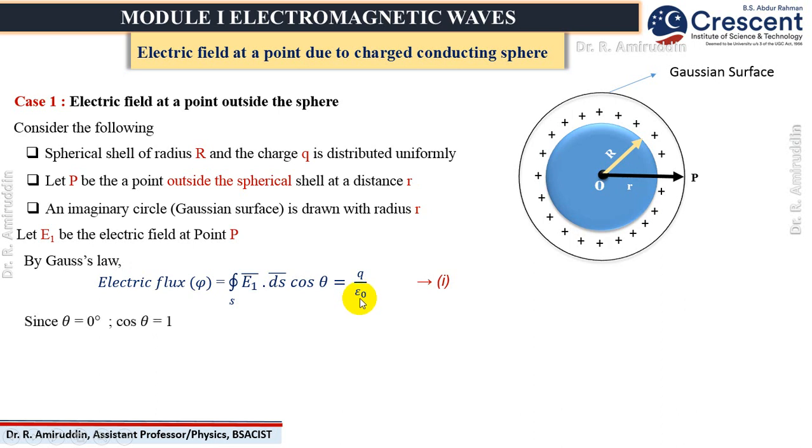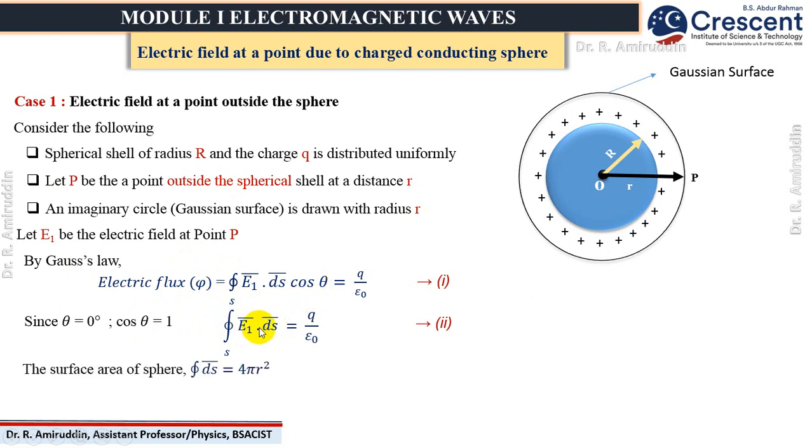In this case, the electric field is considered along the lines of force. Hence theta will be 0, and hence cos theta will be 1. So we will rewrite equation number 1: the electric flux is given as the integration of capital E1 ds is equal to q by epsilon naught, with the cos theta term as 1.